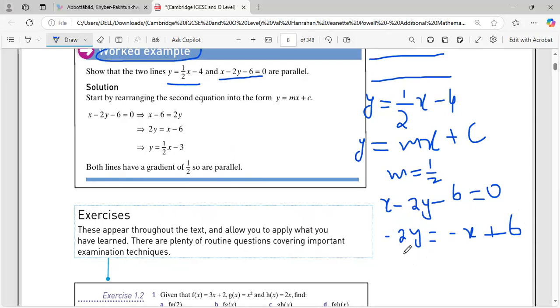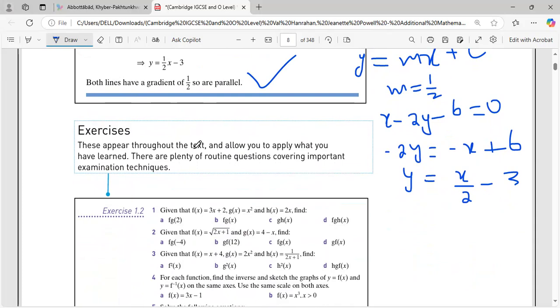Now if I divide both sides by negative 2, this becomes y is equal to x upon 2 minus 3. Now you can see that the coefficient of x is 1 upon 2. So both lines have the same slope, that is 1 upon 2. So both lines are parallel.